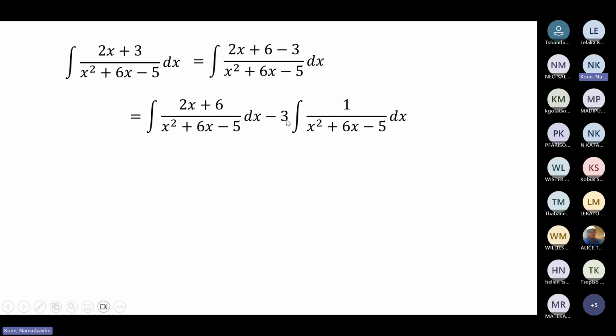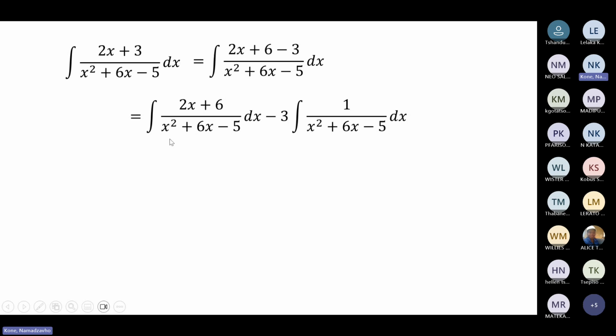So this minus 3, we can put a plus sign here, take this minus 3 inside so that you can see it exactly like that. It will be this, which is this part, divided by this denominator, and then plus this inside, it becomes minus 3 there on top over the same denominator.